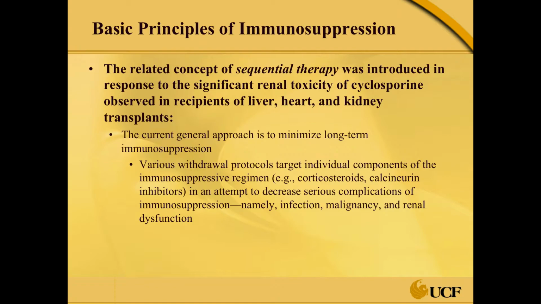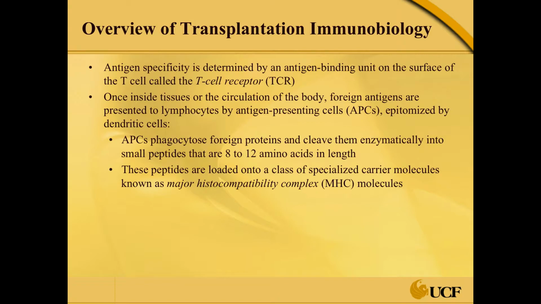So things like infections, cancers, renal failures, fungal infections, all those things that we know are serious adverse events associated with immunosuppression. One of the things that we learned in the last lecture was the association with non-Hodgkin's lymphoma, or PTLD, with the use of immunosuppressive agents.